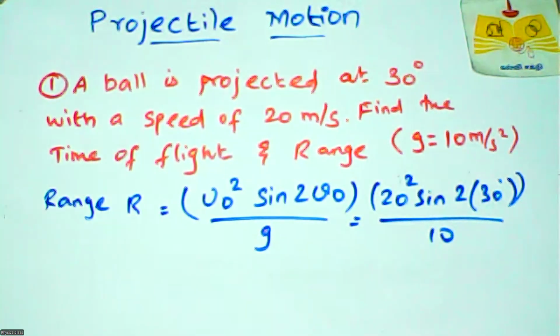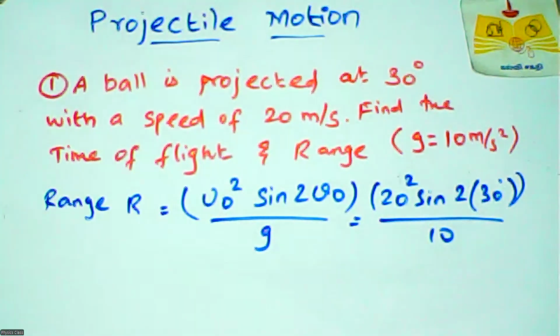What is the answer? 3.4 or 34? What is the answer for range?